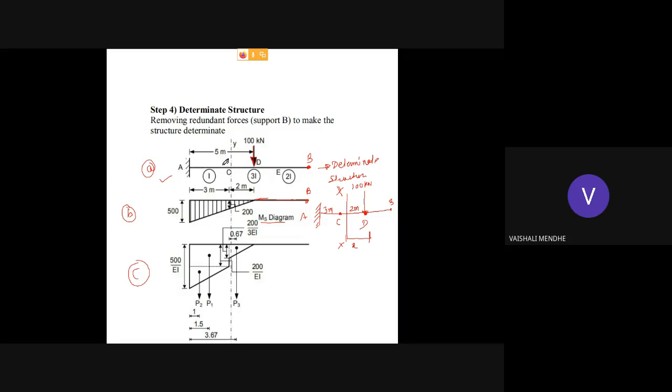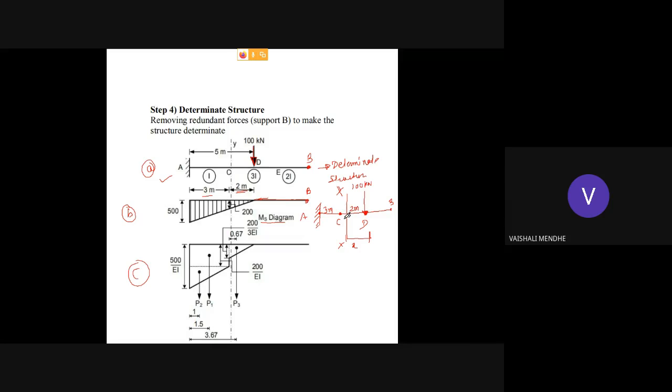You can see A to C is 3 meter and C to D is 2 meter. Okay, so here you have to calculate moment XX, moment at D, moment at C and moment at A.